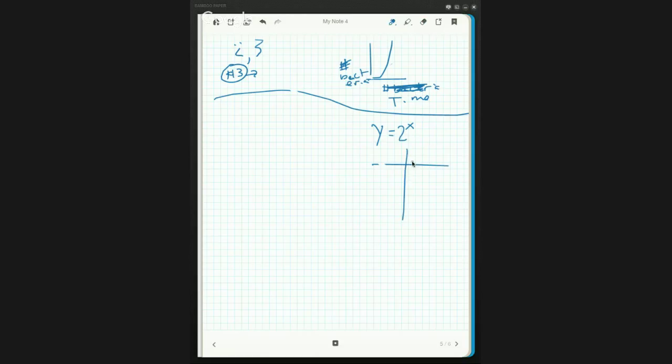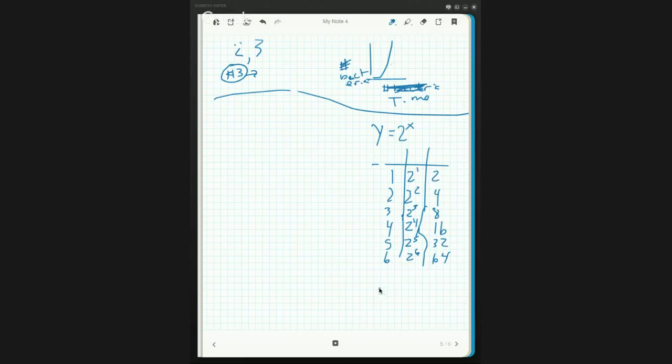If x is 1, then 2 to the 1 is 2. 2 to the 2 is 4. 2 to the 3 is 8. 2 to the 4 is 16. 2 to the 5 is 32. 2 to the 6 is 64. And this is growing pretty fast, right?